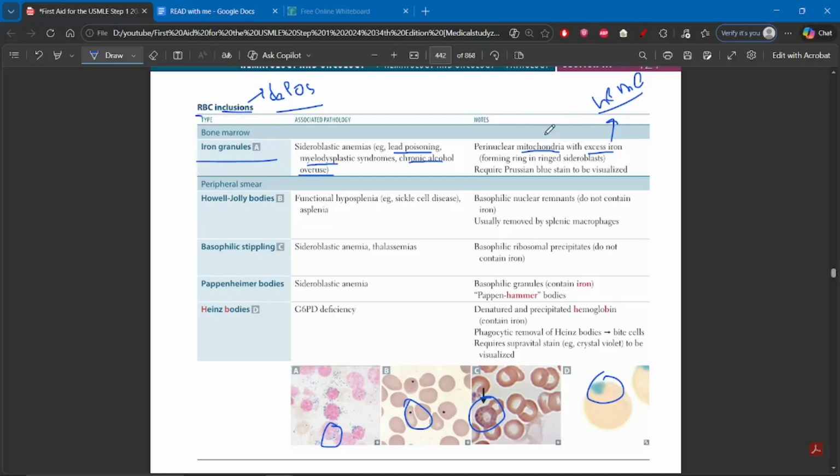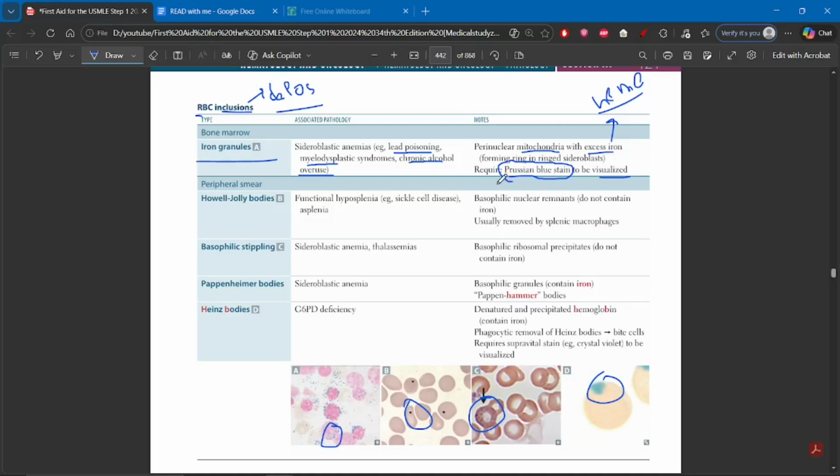So what happens is iron starts to gather, it begins to be visible, and specifically through Prussian blue stain, which you need to keep in mind, you can visualize iron granules. That's what you can do to visualize iron granules.